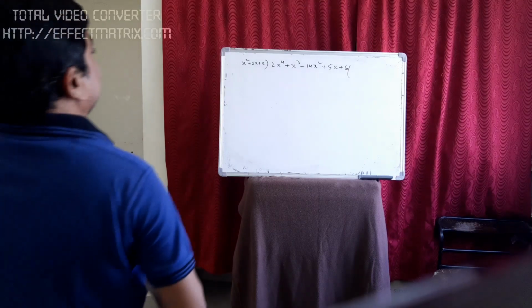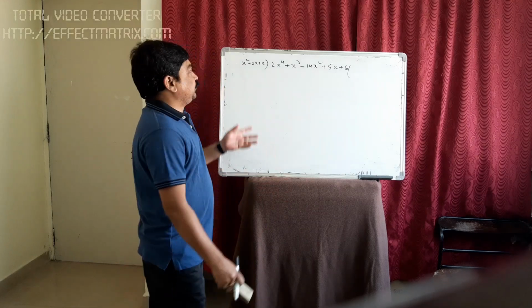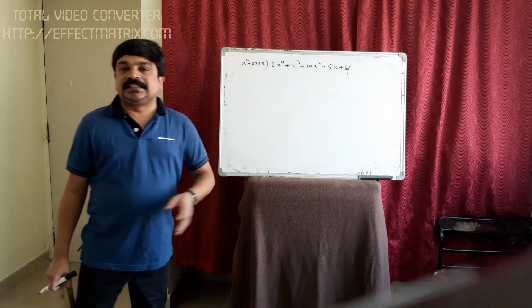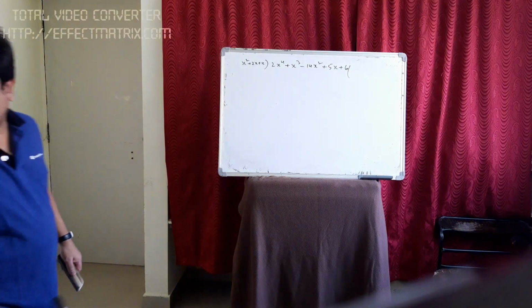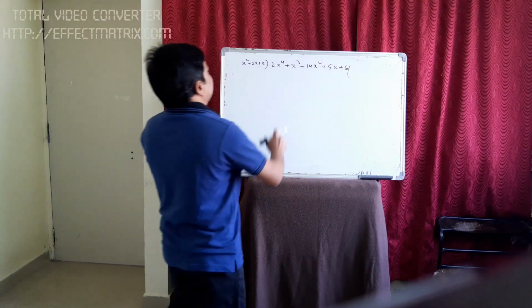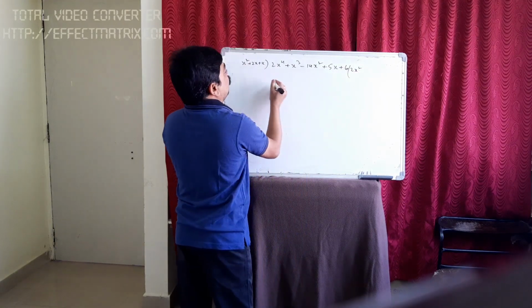See, in this question you are asked to find the value of k and also find the other zeros. You are told that this is a factor of the given polynomial, right? Let us see the first term: 2x square to be multiplied with all.